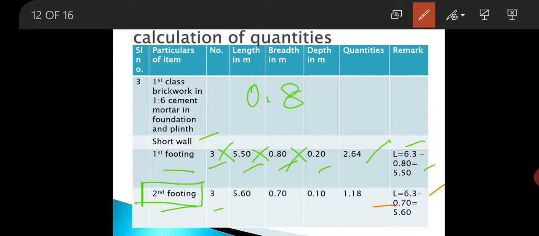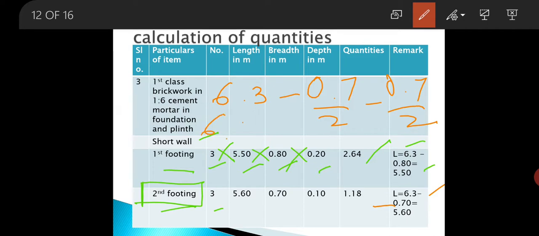From that we will subtract 1 width of second footing, or you can say it is equal to center to center length minus half of the width from both the side. So, which is equal to 1 width of the second footing. So, this will be equal to 5.6.